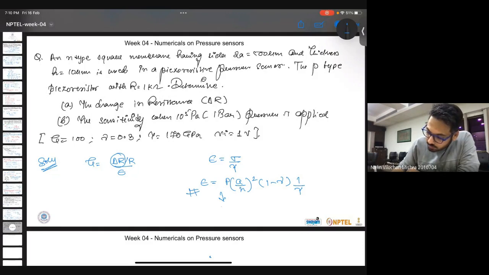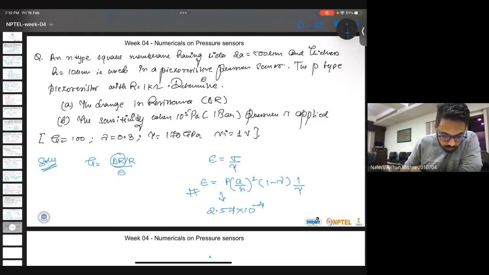The numerical answer for strain is coming out to be 2.7 into 10 to the power minus 4. We'll put this value in here. So after solving, the value of change in R is coming out to be 25.7 ohms.